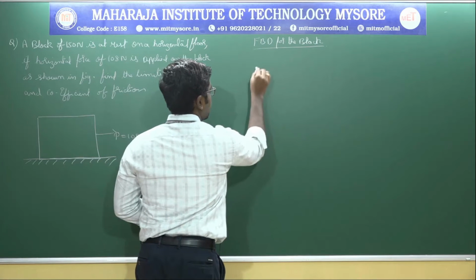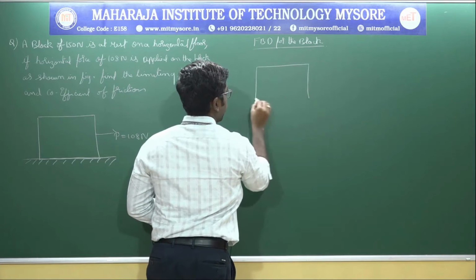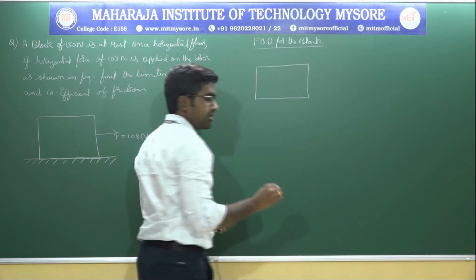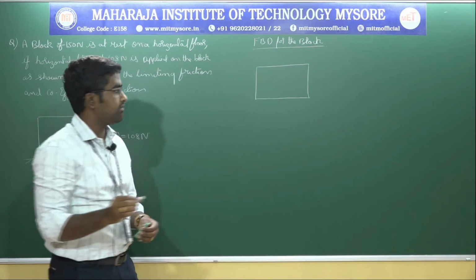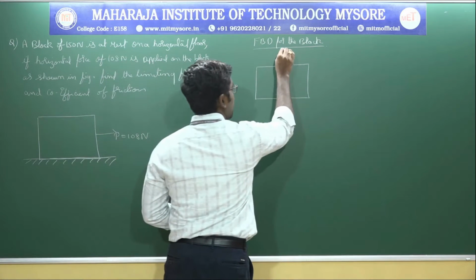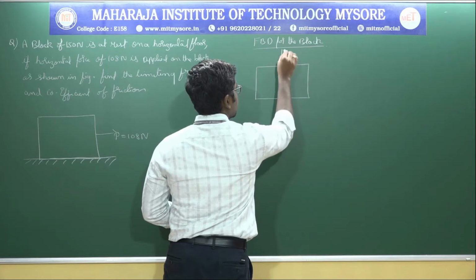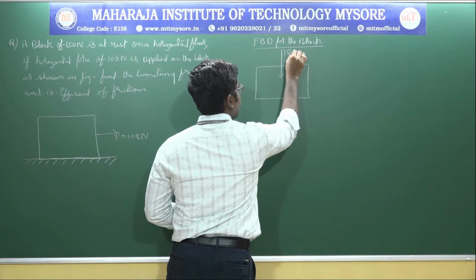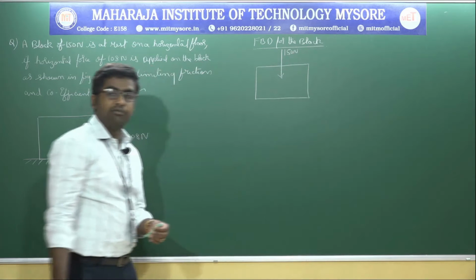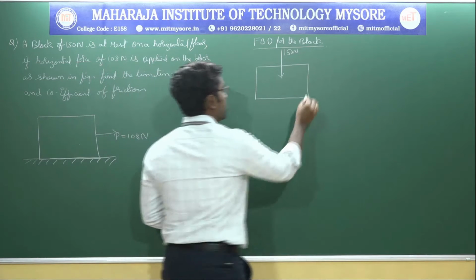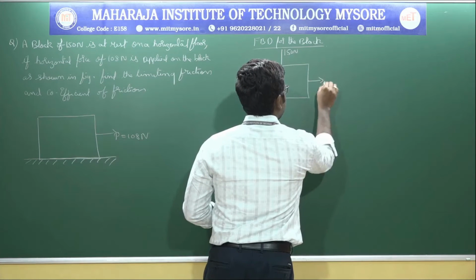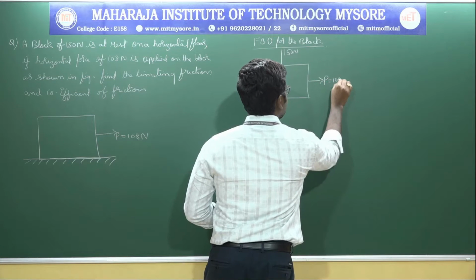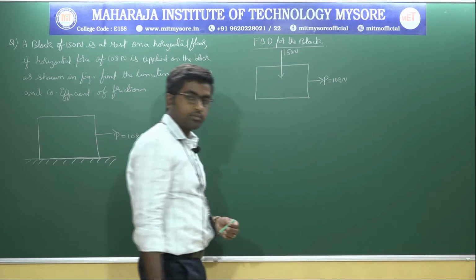So this is the block and the weight of the block is 150 Newton and always the self weight will be acting downwards and it will be vertical. So this will be 150 Newton. And a force is applied and the magnitude of that force is capital P equal to 108 Newton.